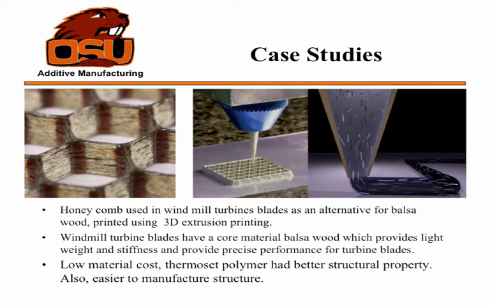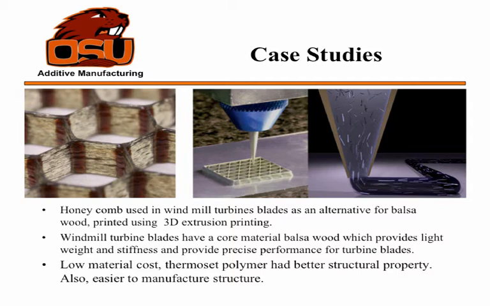This is more like a news blog rather than actually a case study, but it was pretty interesting. They already use it for windmills because they've been trying to use carbon nanotubes and carbon fibers for windmill blades. Usually in windmills they use balsa wood, which they export from Cambodia or someplace.